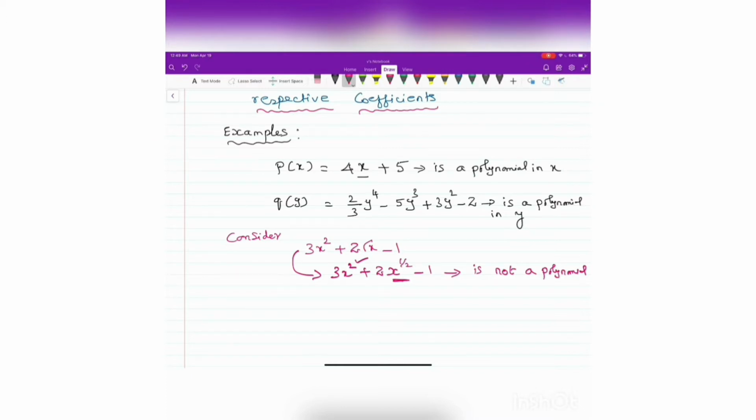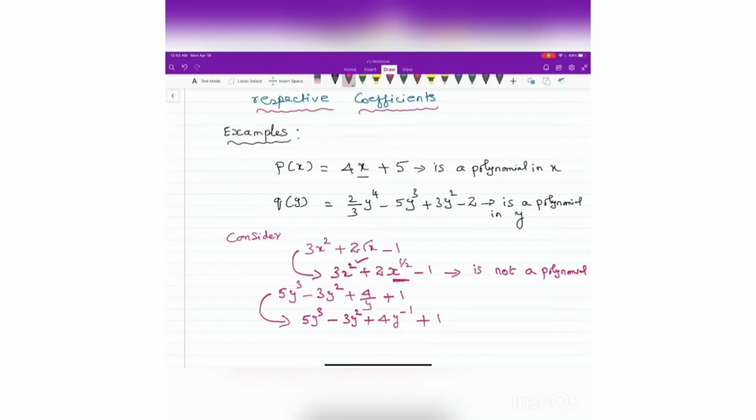Okay, I will give you one more example. Consider 5y cube minus 3y square plus 4 by y plus 1. Actually, this is some p of y or q of y or r of y, whichever way you want to take. Is it a polynomial? If you see, I can write this as 5y cube minus 3y square plus 4y power minus 1 plus 1.